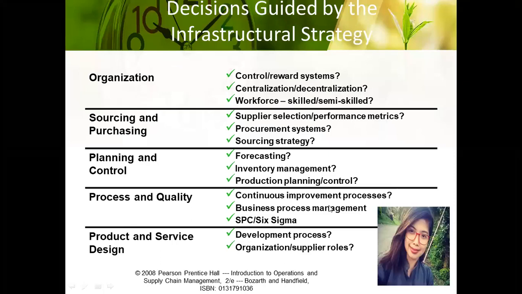When we say SPC, this is statistical process control. This is a method to measure, monitor, and control a process. In other words, SPC is a method of quality control which employs statistical methods to measure, monitor, and control a process.